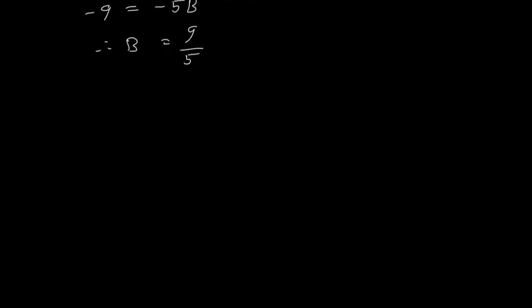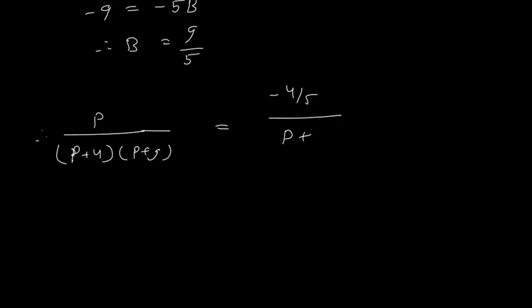Therefore p upon p plus 4 into p plus 9 is equal to minus 4 upon 5 divided by p plus 4, plus 9 upon 5 with denominator p plus 9.